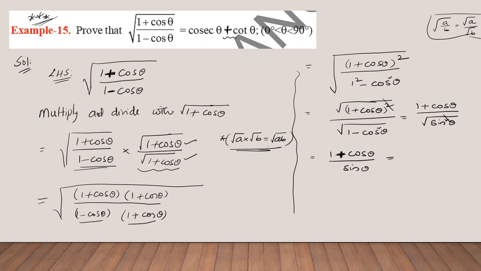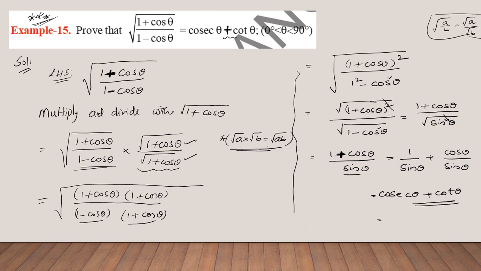So I can split the denominator across both terms: 1 by sin theta plus cos theta by sin theta. Sin theta belongs to both terms of the numerator, so I have given sin theta equally to both. Then 1 by sin theta is cosecant theta, plus cos theta by sin theta is cot theta.